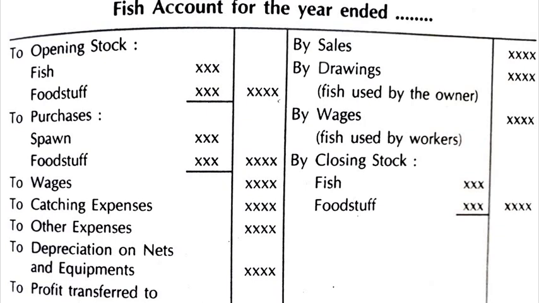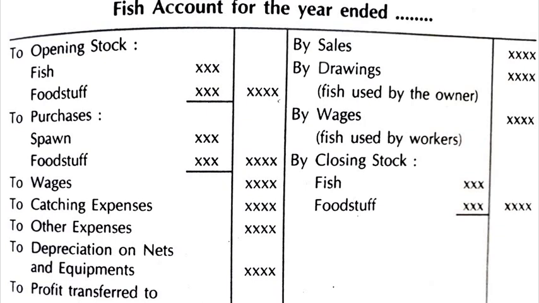Now we'll be seeing how a land can be used for piscicultural activities, that is, for rearing the fishes. For rearing the fishes there are various tanks and ponds being maintained. So a separate account for each tank or pond can be opened, or you can also have a fish account prepared for all the tanks and ponds.